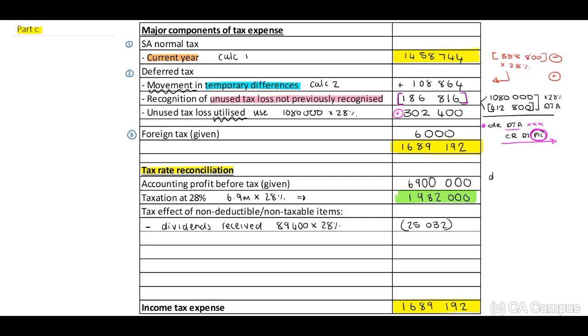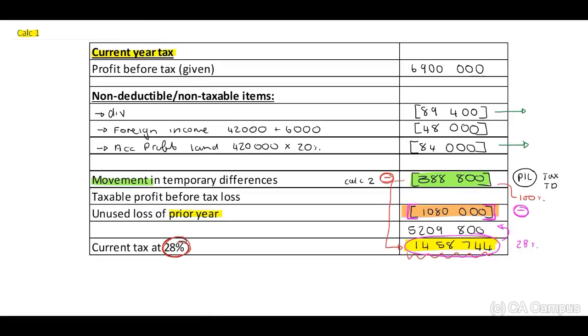Okay, so again, guys, think about this. The dividends is included in our accounting profit, but for tax, we now need to take it out. Therefore, we take it out, right? The next one we've identified is our accounting profit on our land. Okay, guys. Now, this will be when you refer to our calculation. We have calculated this.